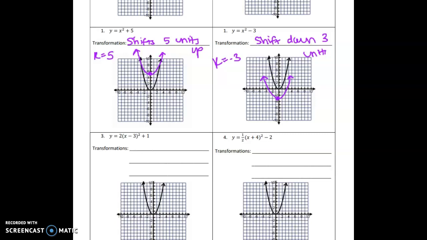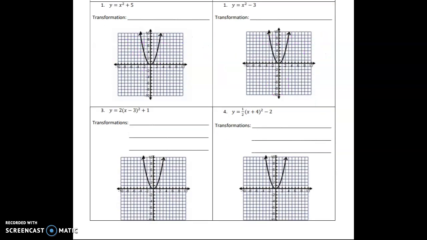Okay, and the last 2 are putting everything together. So we need to identify, oh, look at the numbering on here. This is number 1 and this is number 1. Interesting. Okay, so we have an A, we have an H, and we have a K. So we have 3 lines. My A is 2, that's out here in front, and that's going to be a vertical stretch.